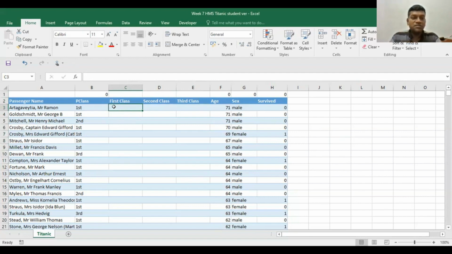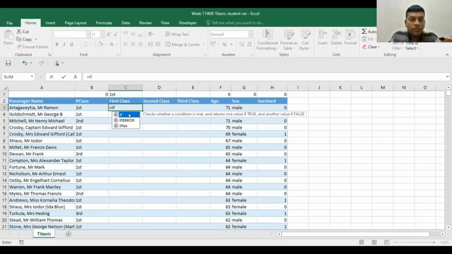So I'll put first here. If this is equal to this, then put 1 here, else put 0.